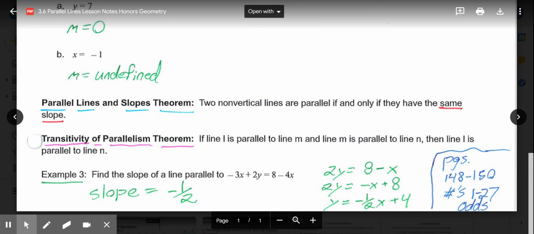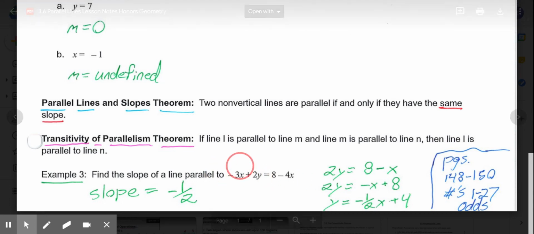So then in example 3, our last one for today, they want us to find the slope of a line parallel to this equation here, negative 3x plus 2y equals 8 minus 4x. So I want to rearrange this equation into slope-intercept form so I can see my slope. So I'm going to start with adding 3x to each side. So 2y would equal 8 minus x.